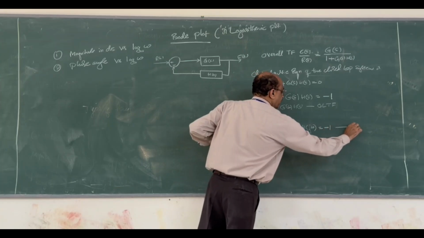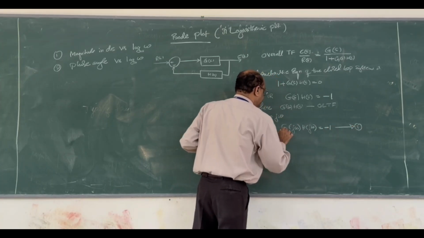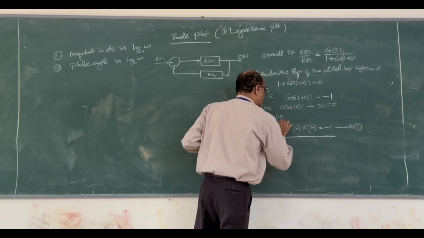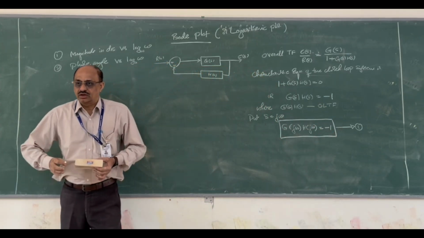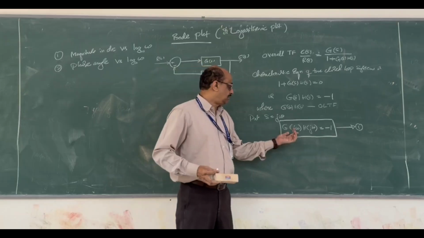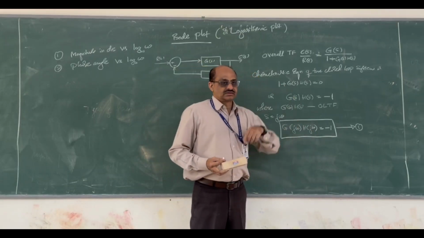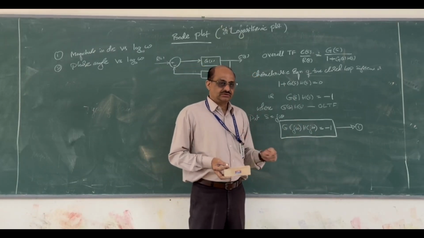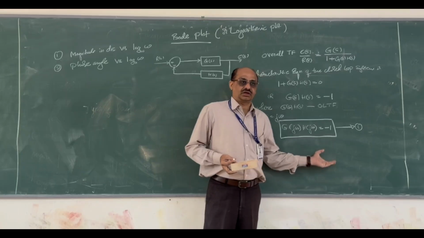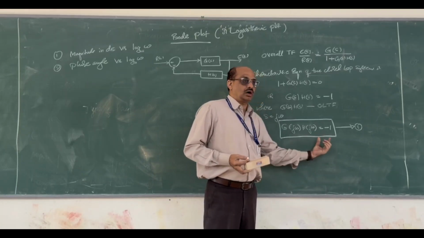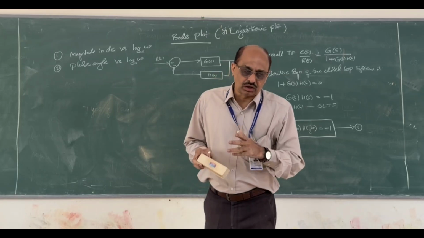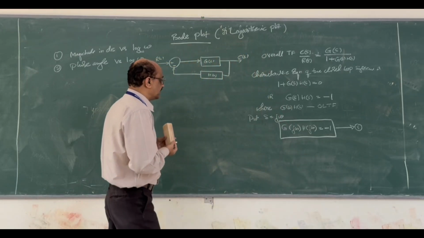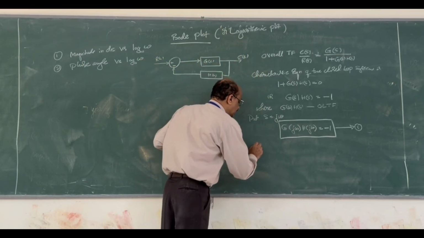I call this equation 1. G(j omega)H(j omega) is the open loop transfer function. It gives the condition that the magnitude of equation 1 is equal to 1 and the angle is plus or minus 180 degrees.